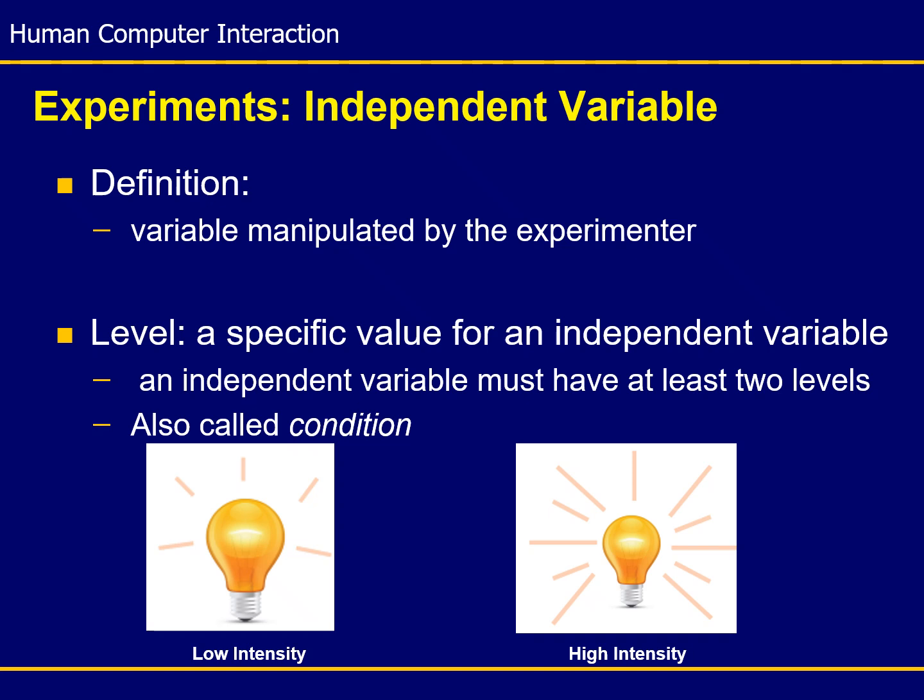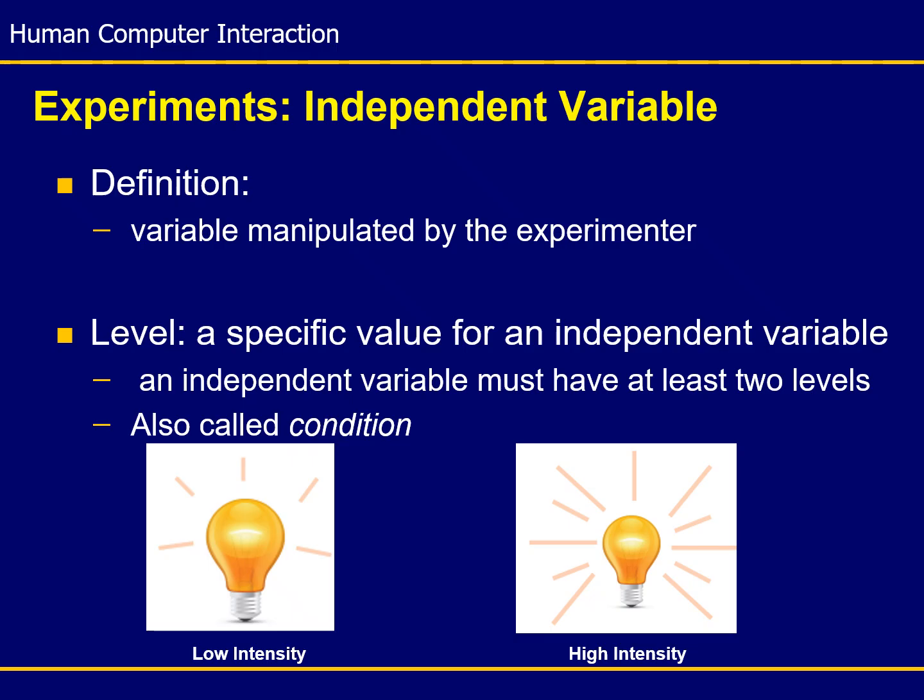Okay? We could have several independent variables in an experiment, but under each independent variable, we should have at least two levels. A level is a specific value for an independent variable. For example, in our experiment here, I have one independent variable, which is the light intensity, and in that independent variable I have two levels, low intensity and high intensity.